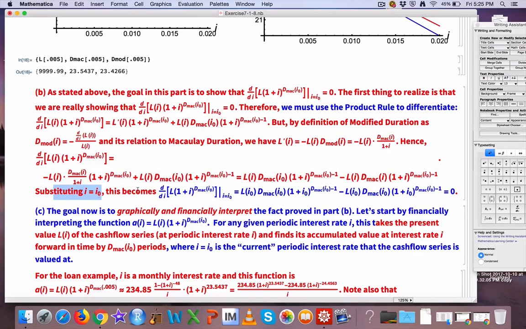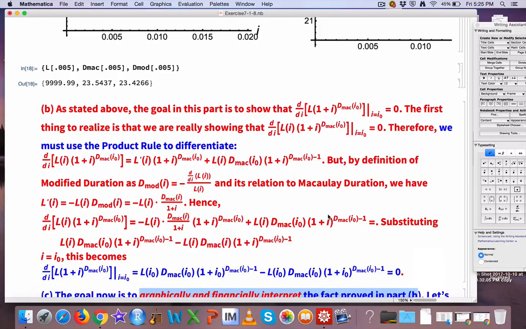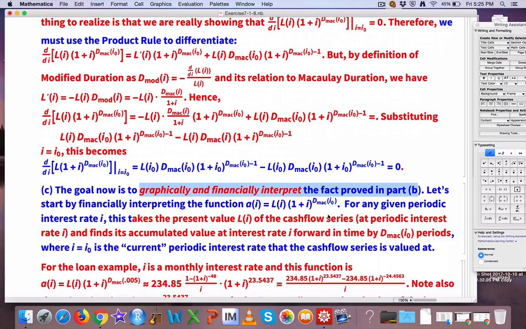And once you've substituted in i0, this term and this term are the exact same thing. We're subtracting them, so we get 0. Okay? So that's a purely symbolic thing. The key thing in doing it on your own is just not making a mistake. You've got to really think carefully about it. But now, most importantly, we're on to the graphical and financial interpretations of the fact proved in part B. So this is more important, you might say, ultimately.